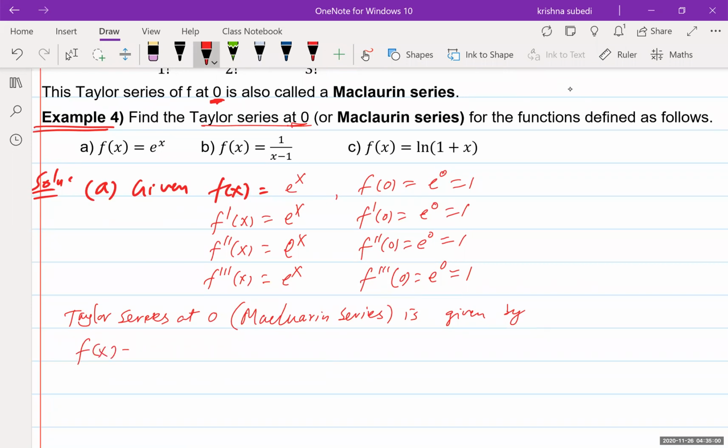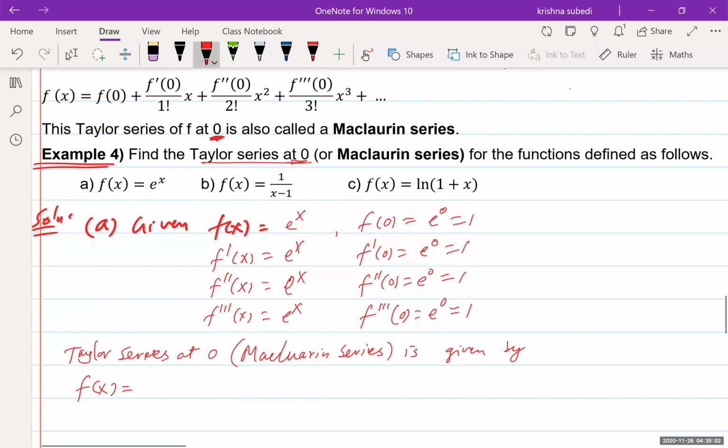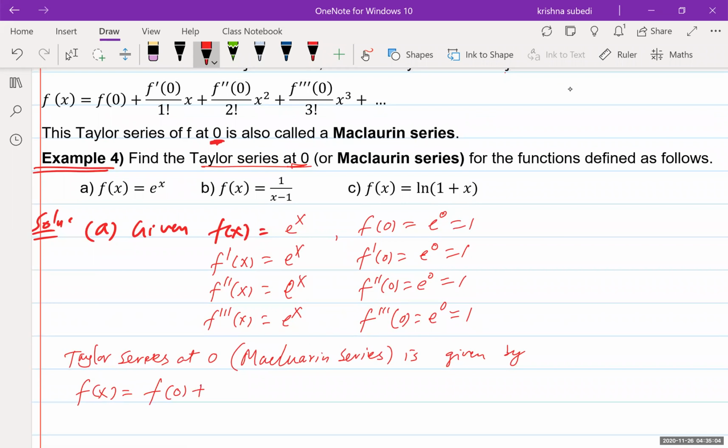The formula is this: f of x equals f of 0 plus f prime of 0 over factorial 1 times x, plus the second derivative of f at 0 over factorial 2 times x squared, plus the third derivative of f at 0 over factorial 3 times x cubed, and so on.